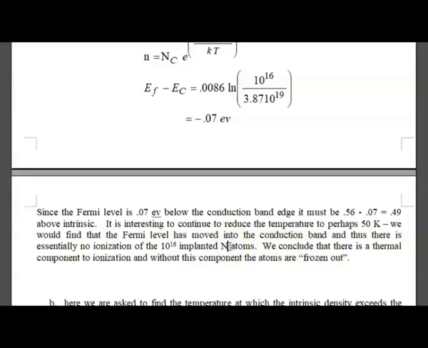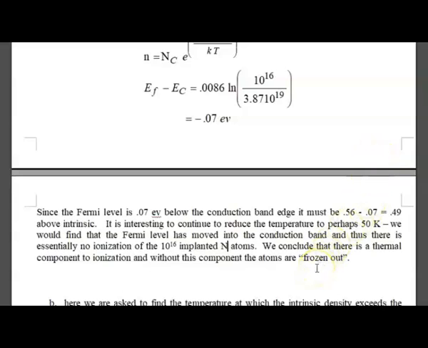We conclude that there is a thermal component to ionization, and without this component, the atoms will be frozen out. So the ionization depends on the number of atoms which are implanted and the position of the Fermi level, but there's a little bit of a thermal component also.